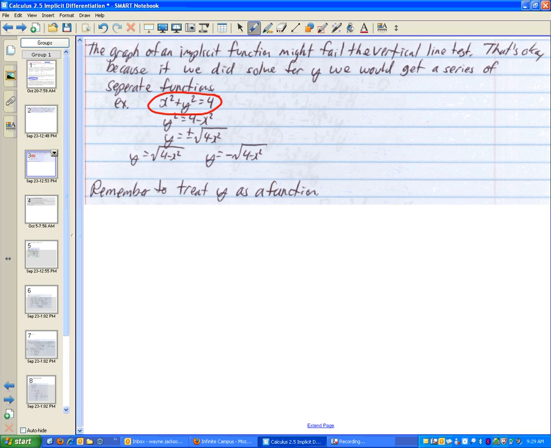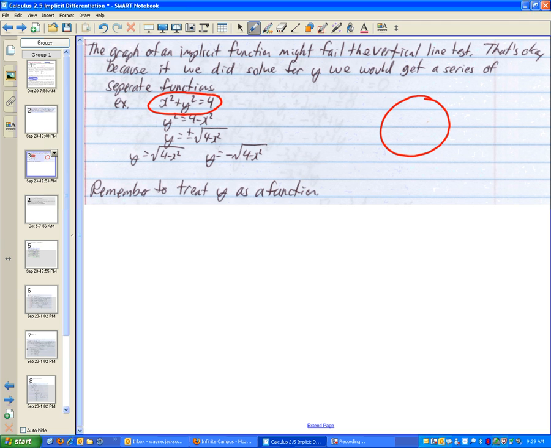What shape would you get? You get a circle. Its center's at 0, 0, and its radius is 2. That's not the graph of a function, is it?